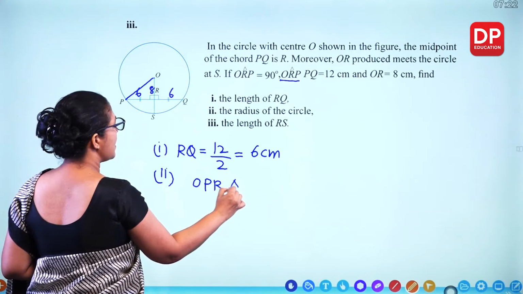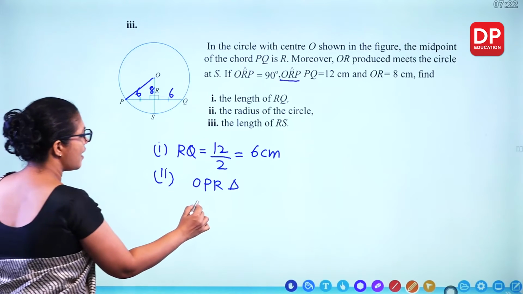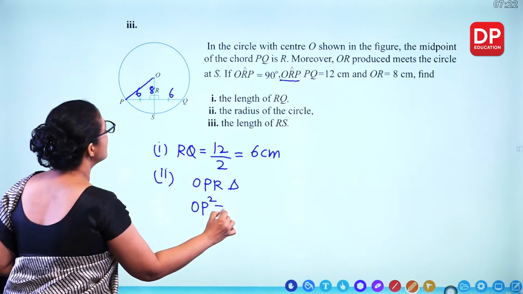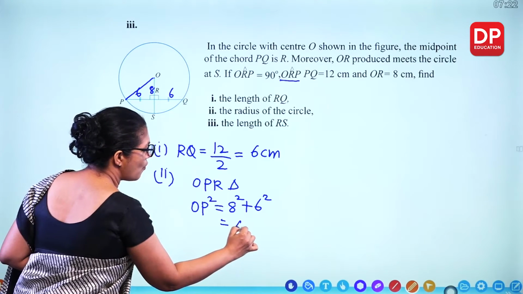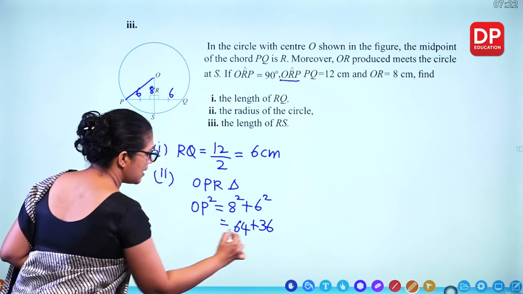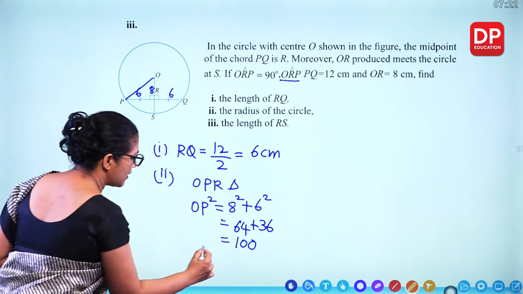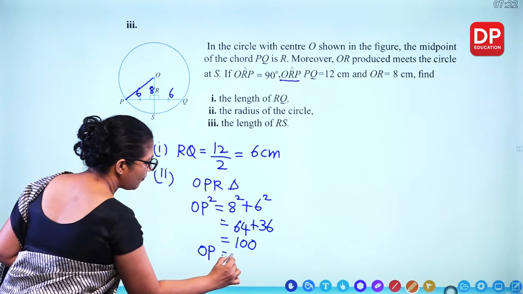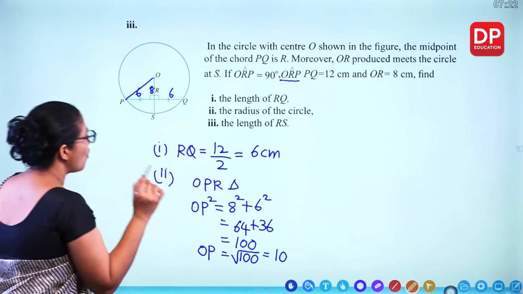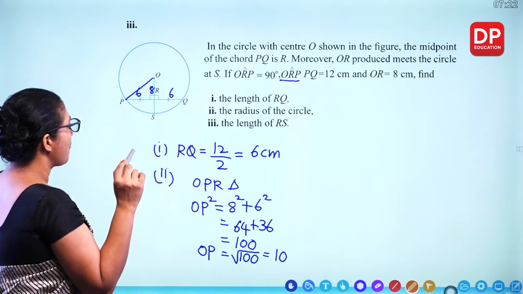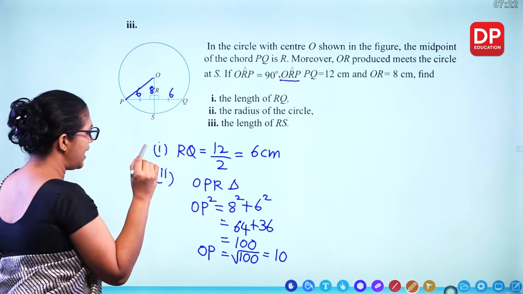So you can write OP squared is equal to 8 squared plus 6 squared, 64 plus 36, and you get 100. When you take the square root of 100, you get 10. So OP is 10.